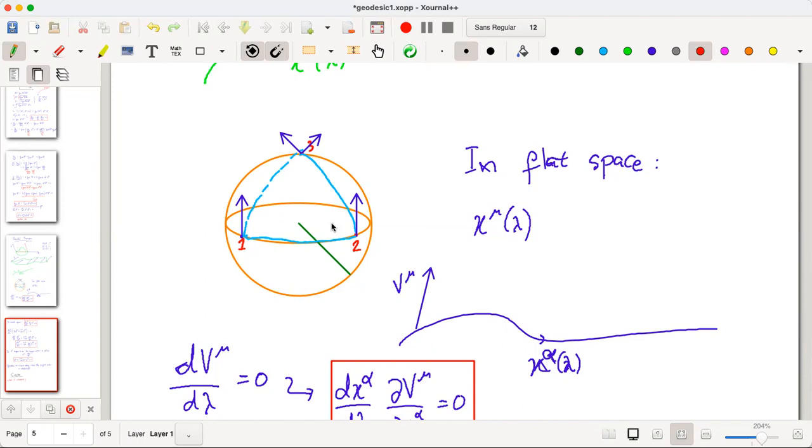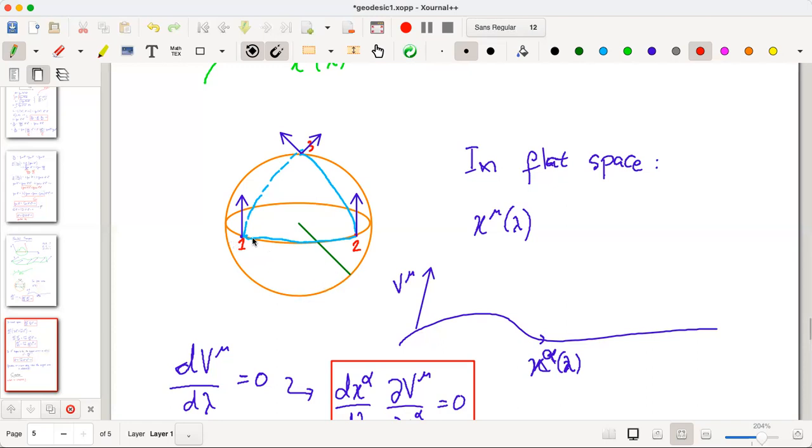Now, if you have a closed contour on a manifold, and you do the parallel transport along this closed contour, but then the result is that your vector is no longer parallel, then there is an indication that your manifold is not flat.